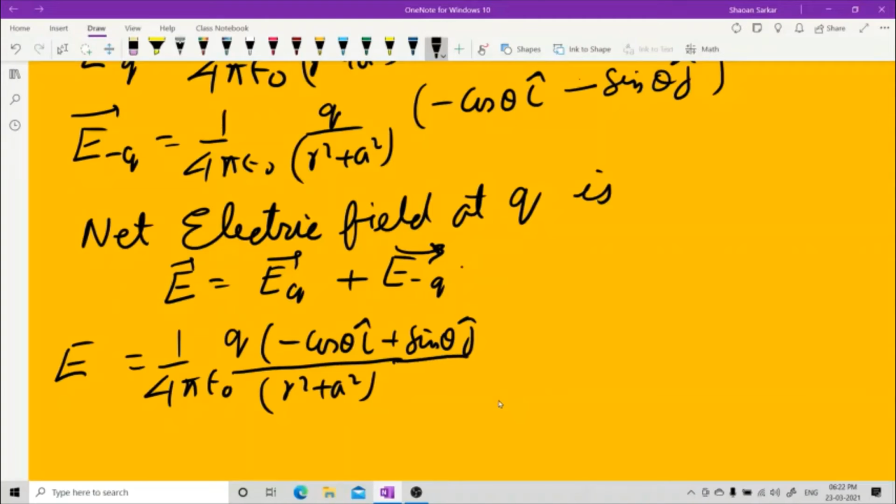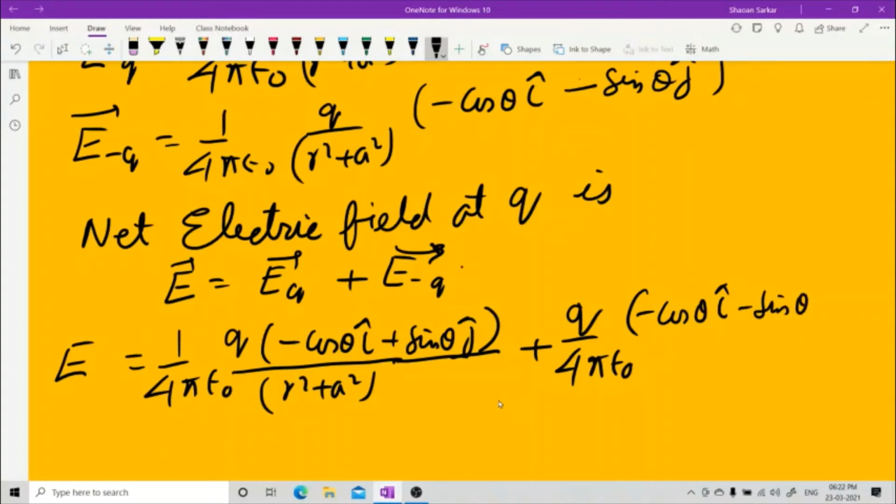Then plus, wait a minute. Sorry, I made the bracket in a wrong sense. Now it's okay. Plus 1 by 4 pi epsilon naught Q, times minus cos theta i minus sine theta j, upon R square plus A square.